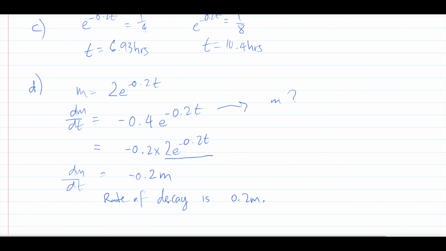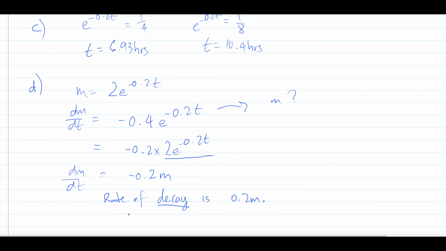But just be careful: the word decay here means it's already decreasing. So generally you can write 0.2m because it's already decreasing. You don't need to include the negative because we know negative means it's decreasing already. So you can ignore the negative. That's pretty much the answer that you can write. It's also the answer in the textbook.